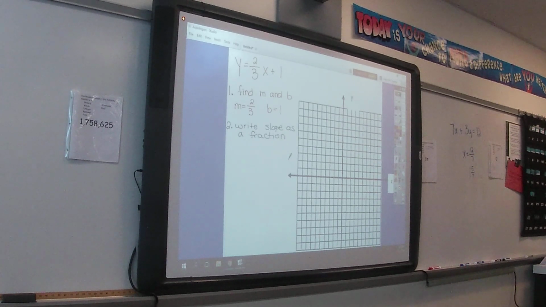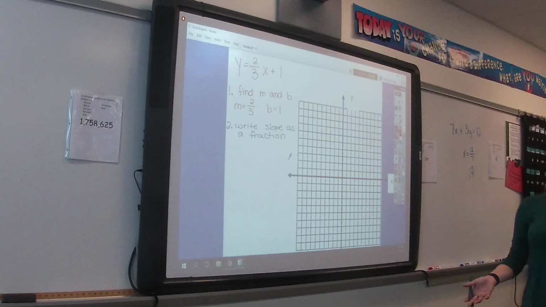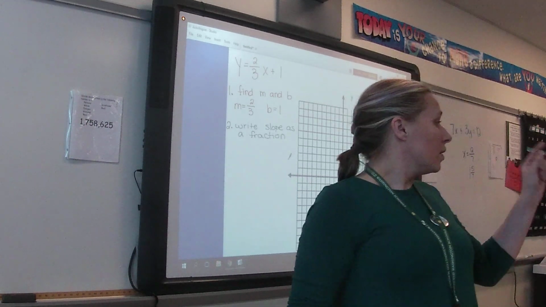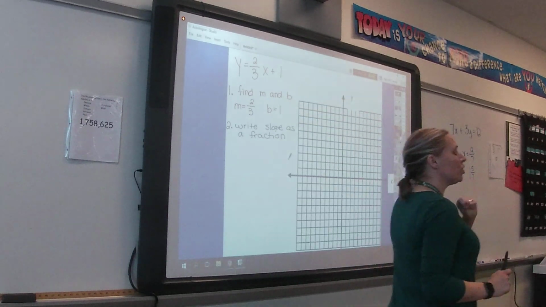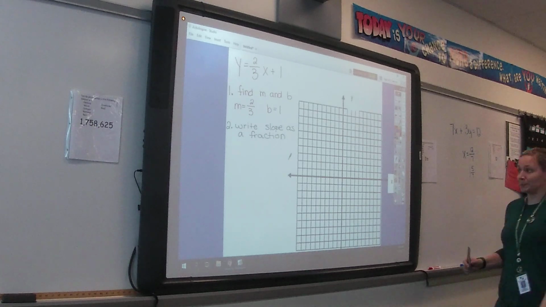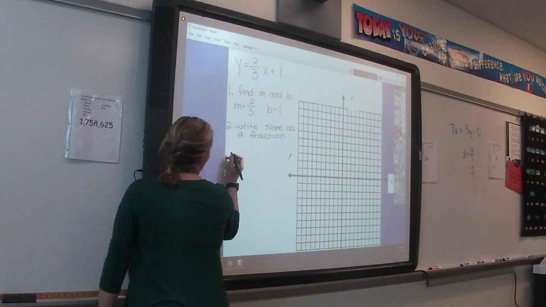That's already a fraction. But if slope was given to us as 5, how would we write 5 as a fraction? Abby, what would you write? 5 over 1, because we would need a rise over a run. So we want to make sure slope is a fraction. Here we're already taken care of.